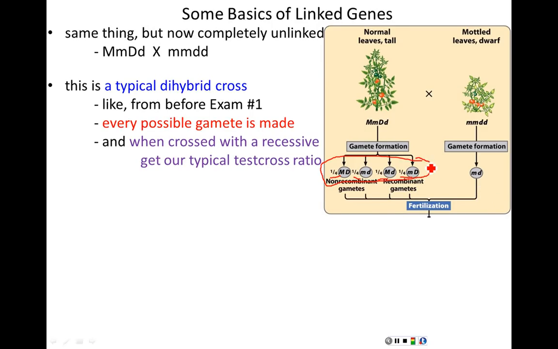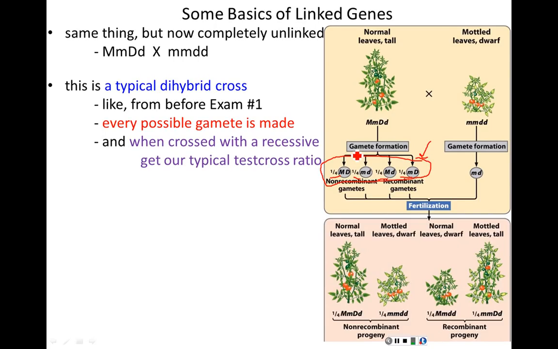And so, as I said before, this parent's alleles shine through. So 1/4 is dominant-dominant, 1/4 is recessive-recessive, 1/4 is dominant-recessive, 1/4 is recessive-dominant. Typical testcross ratios for a dihybrid cross.